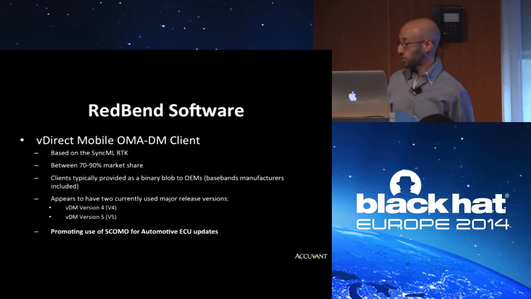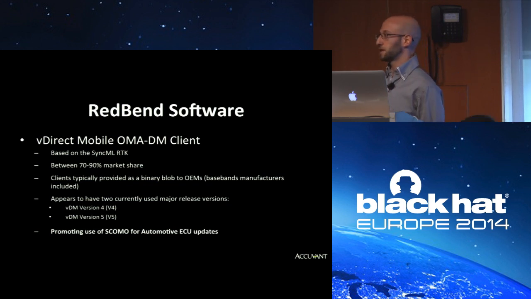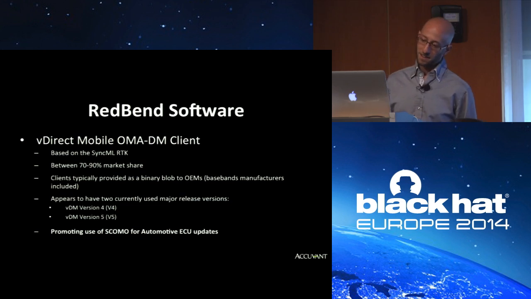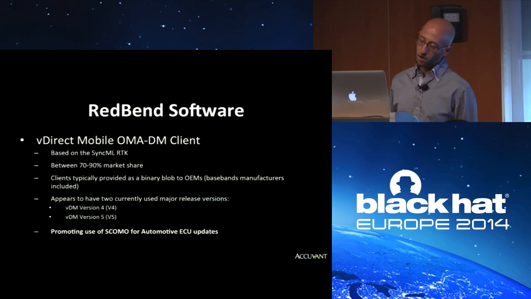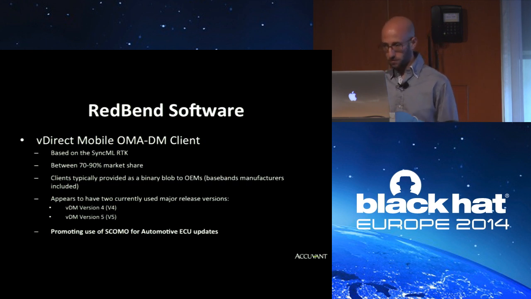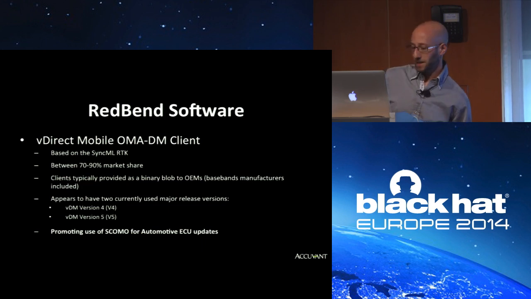Clients provided from RedBend are typically provided as binary blobs. That means the OEMs and manufacturers do not necessarily know what this code fully does. That includes baseband manufacturers. There are also two major release versions, v4 and v5, that we'll talk about a little bit later.